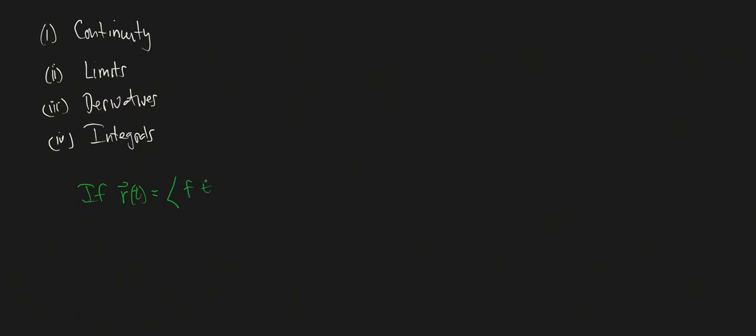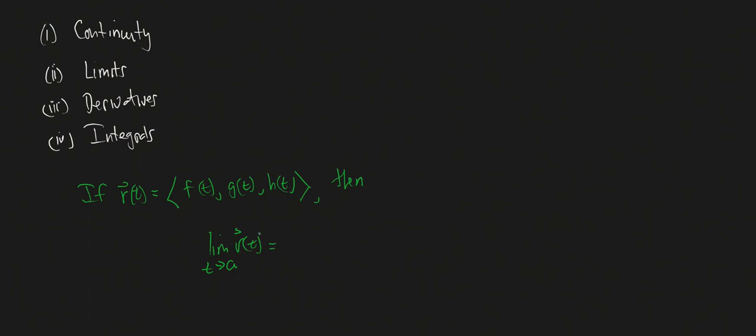So let's say we have a vector function f of t, g of t, h of t. Then if we want to compute the limit as x, or not x, it'll be t now, right? So we have to get used to that. The limit as t approaches a number of this vector function.